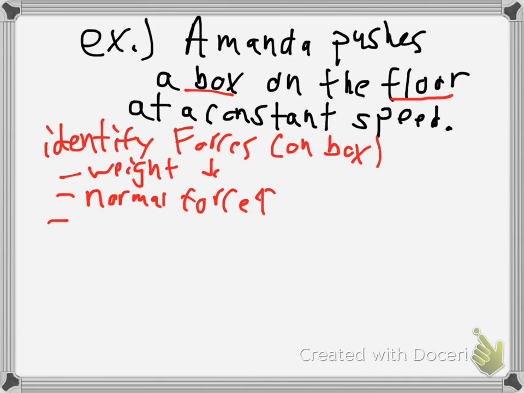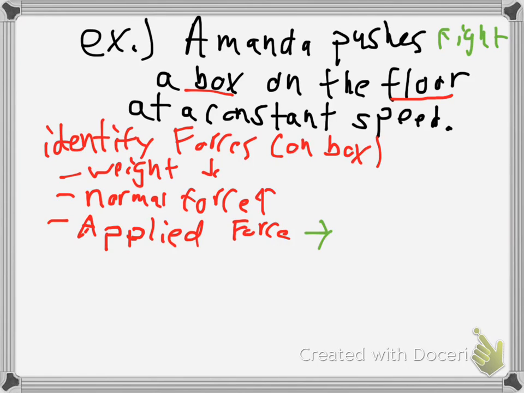Amanda is pushing it with her hands, so we have the applied force. I didn't indicate the direction. Usually you will assume the positive direction if nothing's given, but I'll just add to the right. So this force will be to the right.